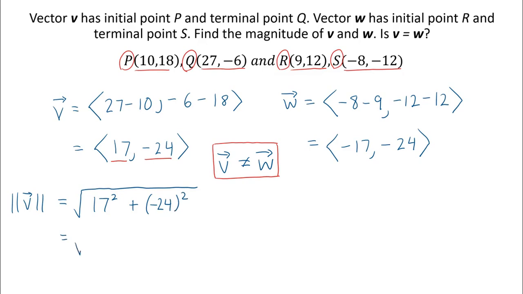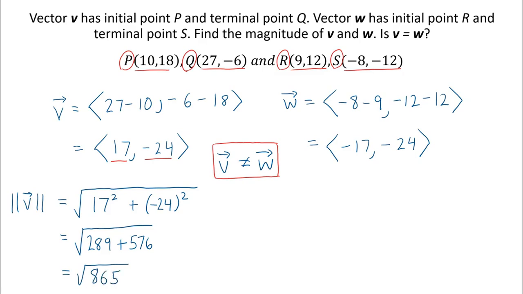So that would be equal to the square root of 289 plus 24 squared, which is 576. And that's equal to the square root of 289 plus 576 is 865.